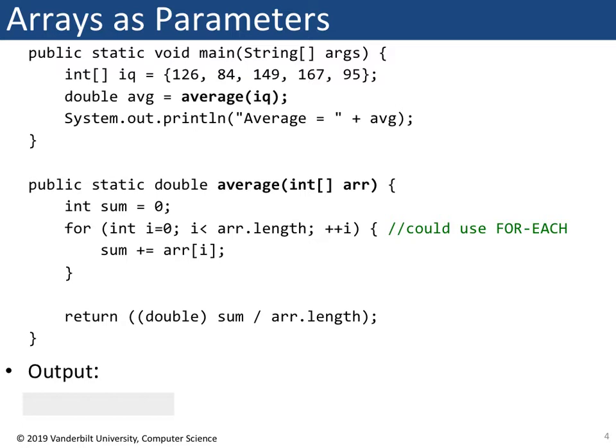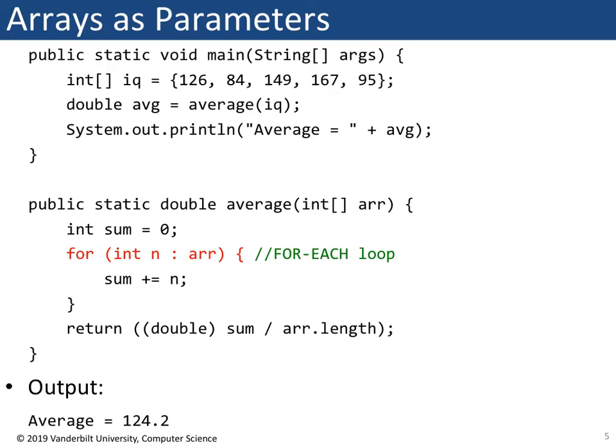And this gives us the average. We return that double. And that gets stored into avg, and we print average equals, which in this case would be 124.2.